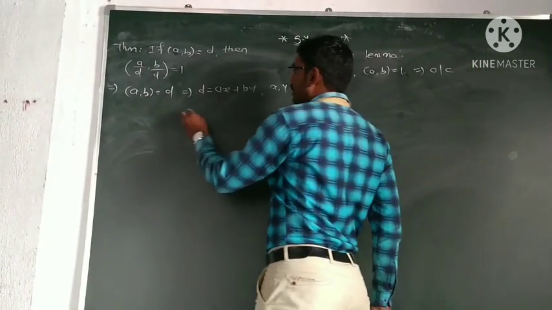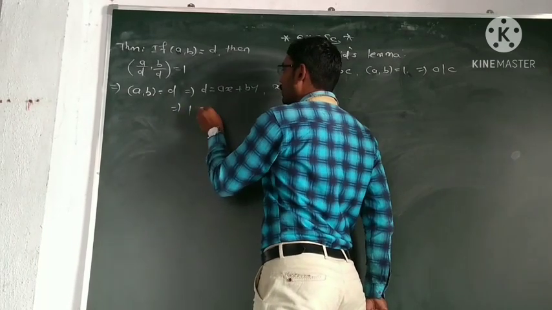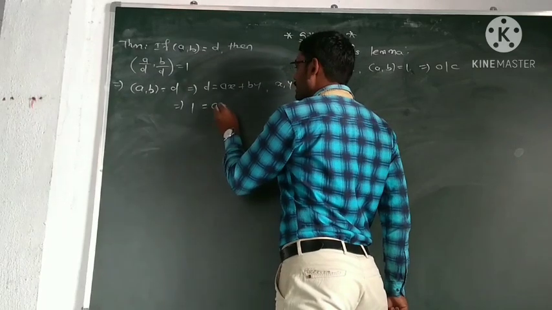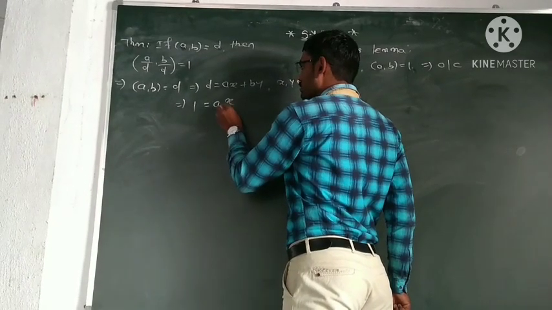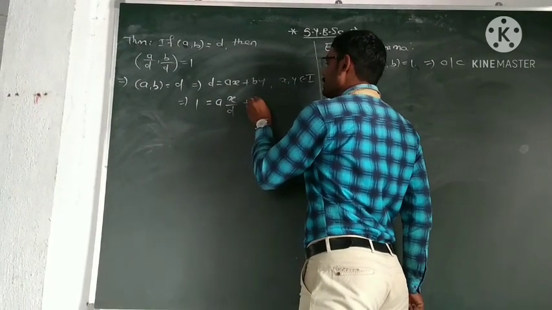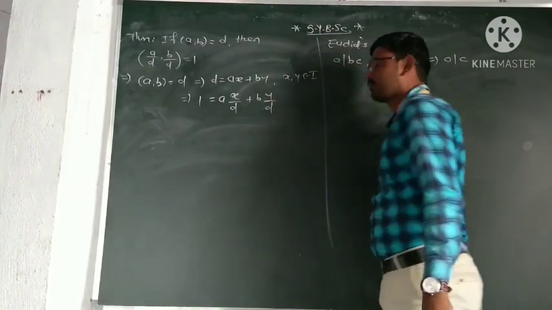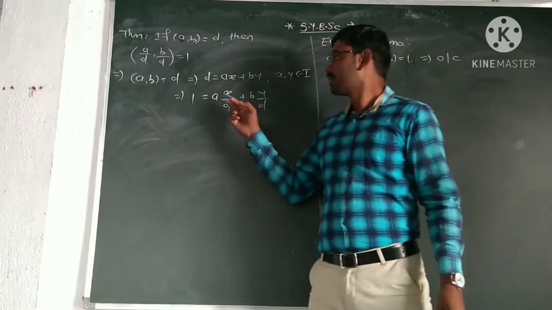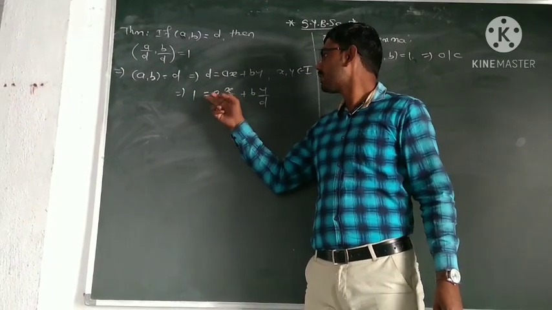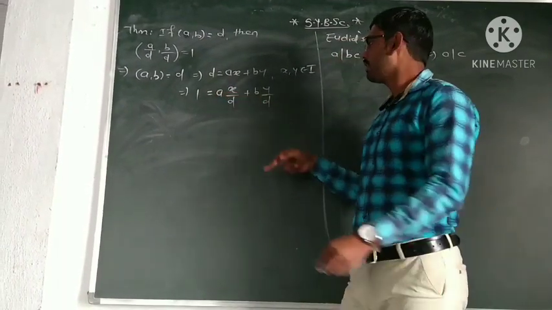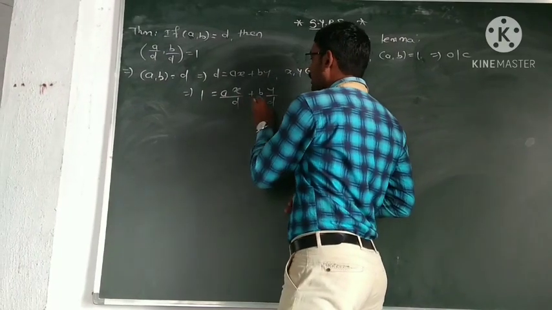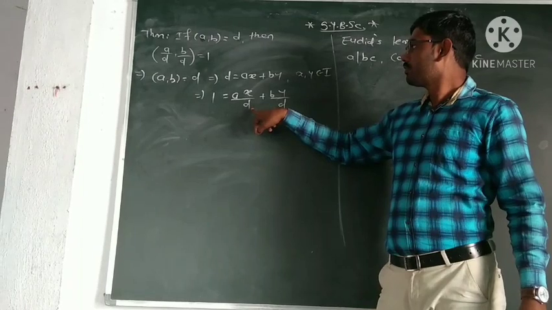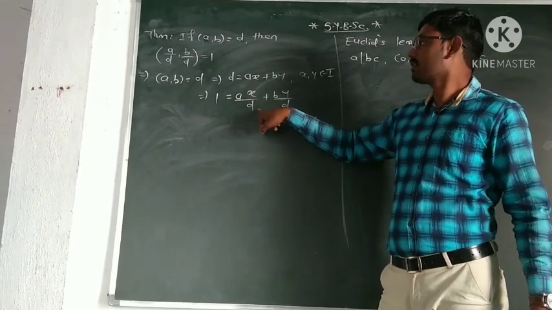So divide the equation throughout by D. We get 1 is equal to a x upon D plus b y upon D. Also, this is not a fraction.